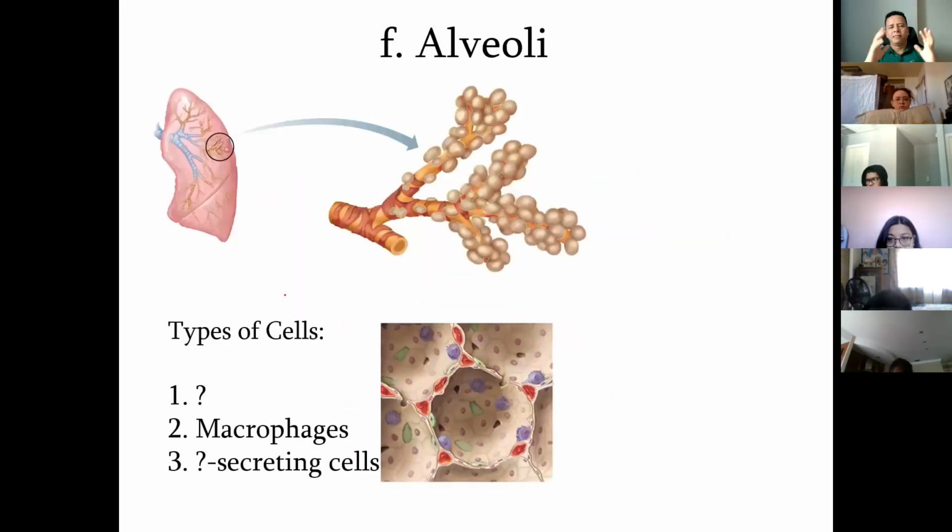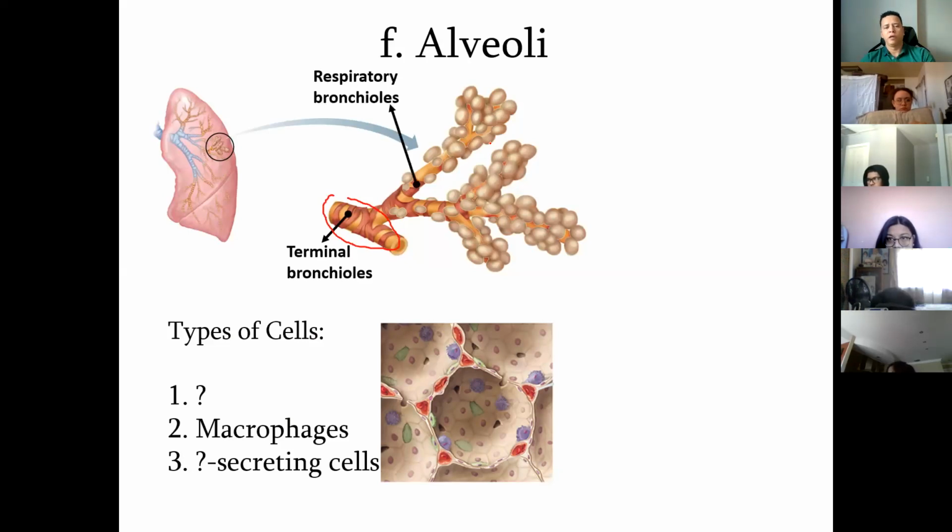All right, so now we are getting deep inside of the lungs, and we can see here the little alveoli, and we can see the bronchioles to which the alveoli are attached. The first section of bronchioles right here, this is what we call the terminal bronchiole, and then the little branches from which the alveoli are hanging, are attached to, this is what we call the respiratory bronchioles, okay?